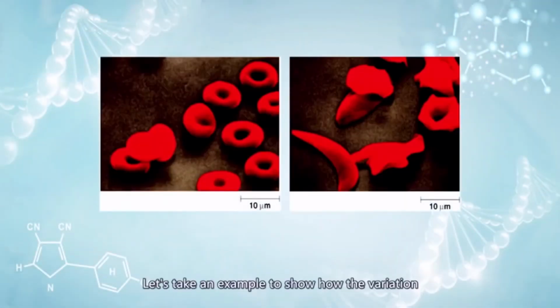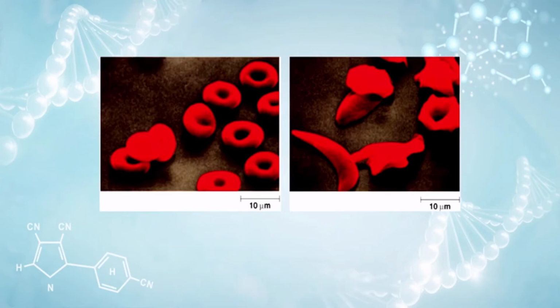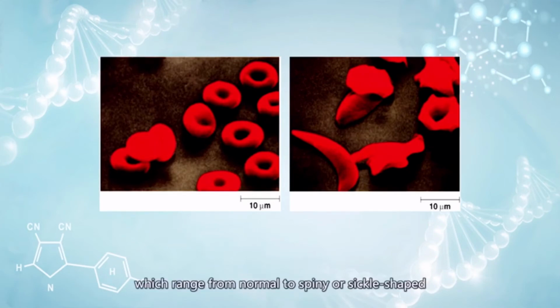Let's take an example to show how the variation of amino acid sequence can lead to disease. Please compare these two pictures. What's the difference? The left picture shows the normal red blood cells in the human body with a uniform cup shape. In the right picture, the red blood cells are deformed and present variable shapes, which range from normal to spiny or sickle-shaped.